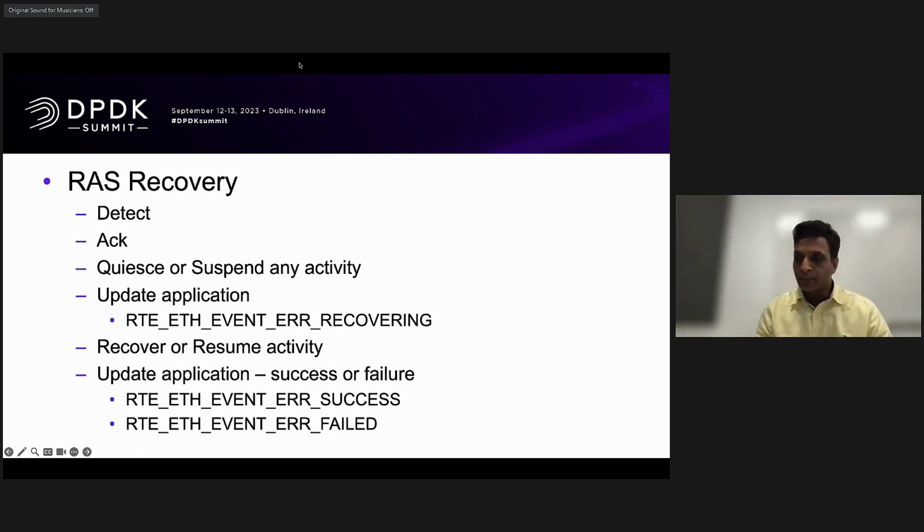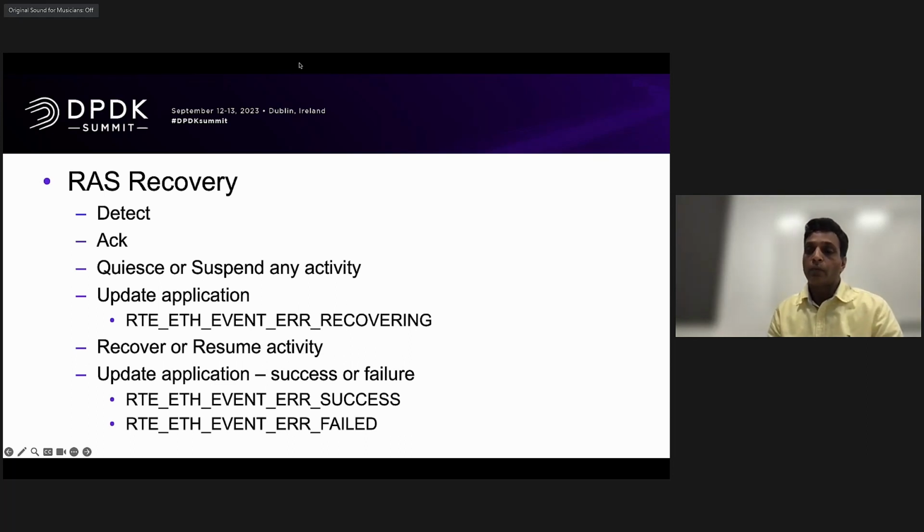Once an error is detected and the activity is suspended, the poll mode driver can even update the application that the recovery process is in progress. And once the recovery is successfully done, the driver can reinitialize its resources, recreate TX and RX rings, reset the indices, and such.